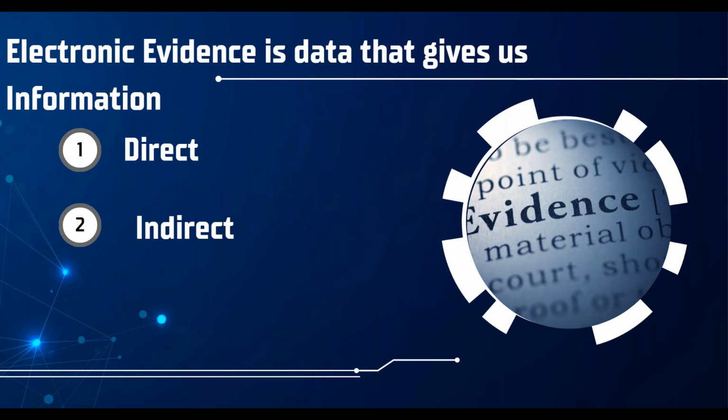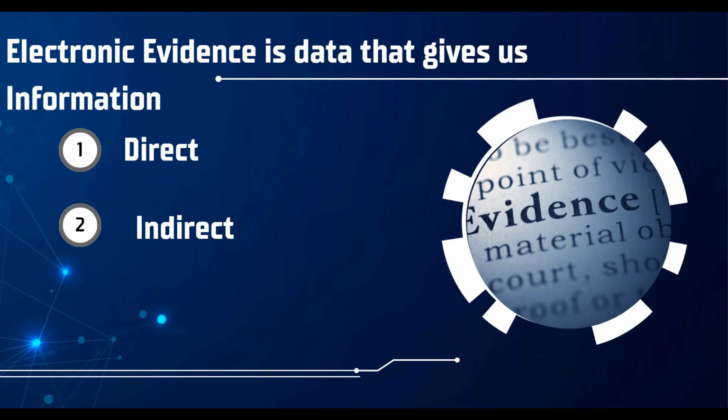Some evidence may directly support a fact or an issue in a case, while others may require some interpretation or inference to establish the connection between that digital evidence and our actual investigation. So in the context of digital evidence, we need to look at two types of evidence: direct and indirect. Understanding these differences can be crucial in building a strong case and presenting that persuasive evidence that we're going to take to court.